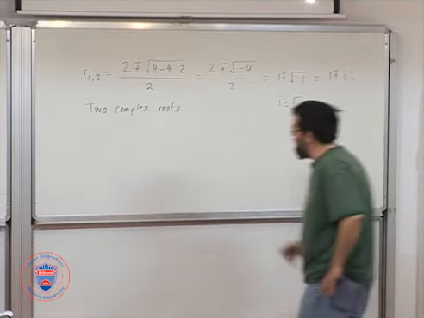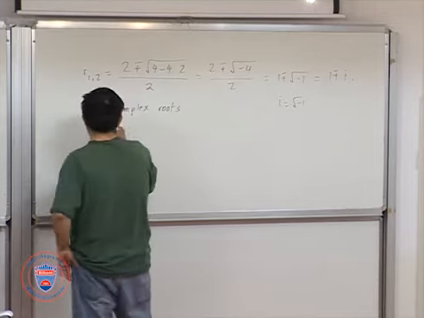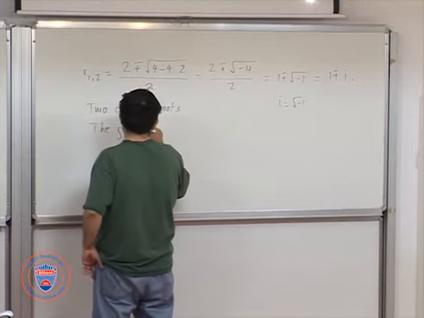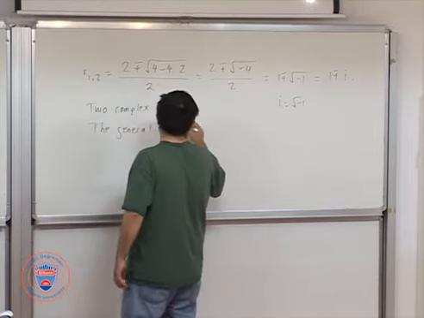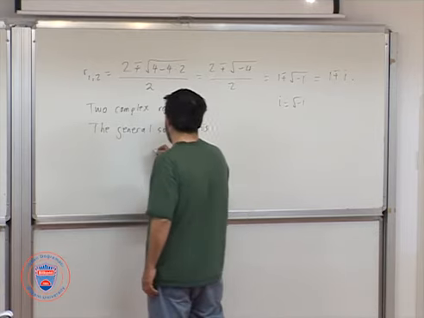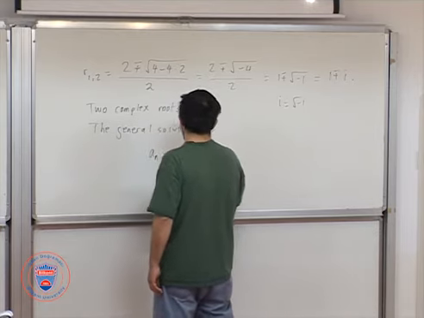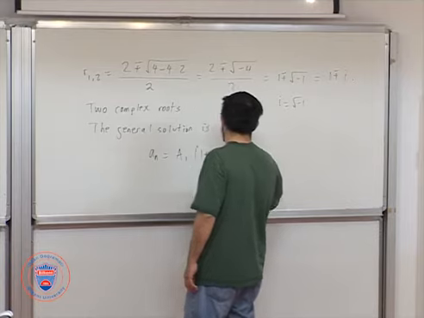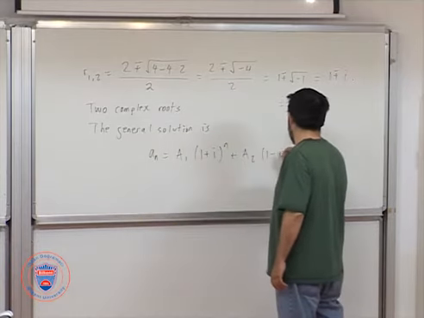Now the general solution is a_n = A1 (1+i)^n + A2 (1-i)^n.